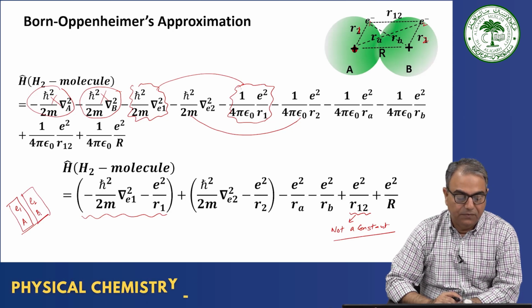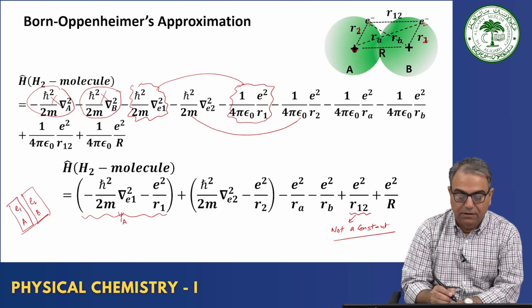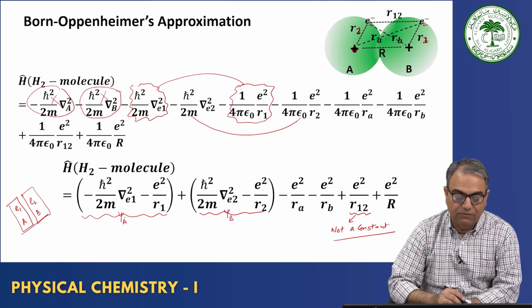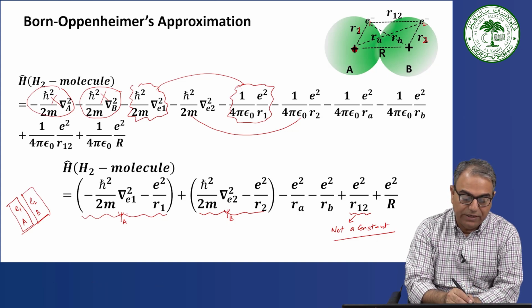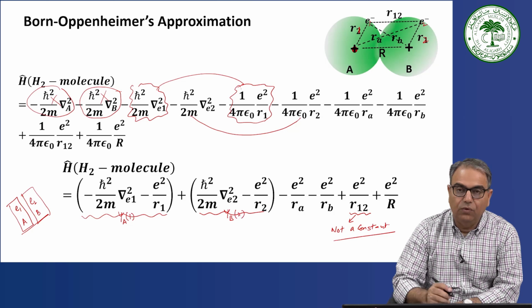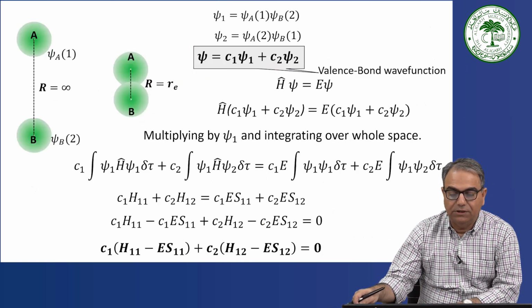You can write psi A as a wave function for this hydrogen atom, and psi B as a wave function for that hydrogen atom. And one of the electrons, which is attached to A, is e1, so you can write psi A1 and psi B2. In the H2 molecule you have this situation.